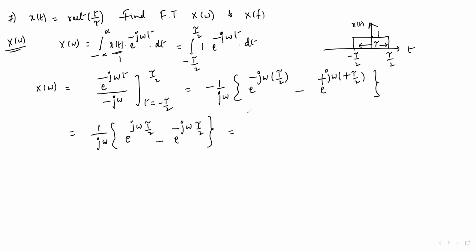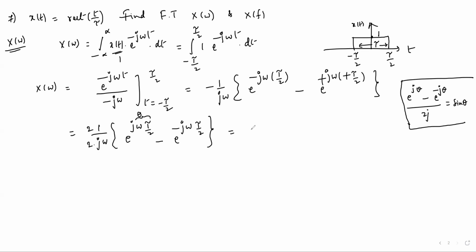Right. Further, you know that e to the power of j theta minus e to the power of minus j theta divided by 2j is equal to sin theta. Let us convert into a sin term. For that, here omega tau by 2 is the theta. Then we need 2 in the denominator, so we multiply and divide with 2.